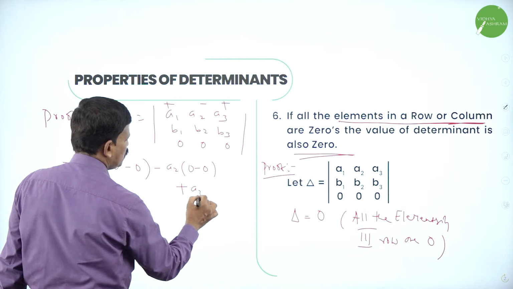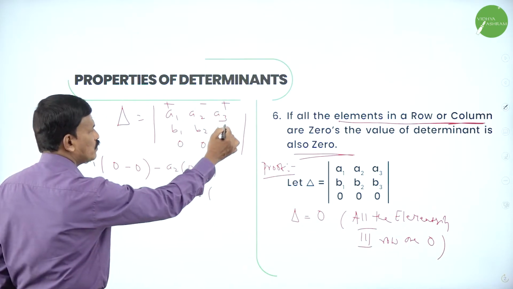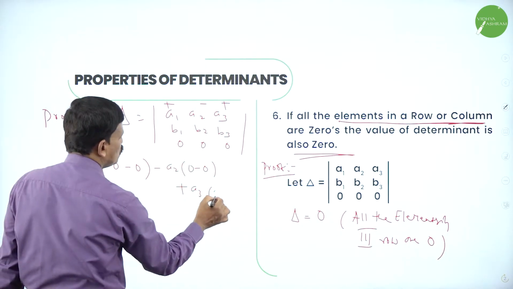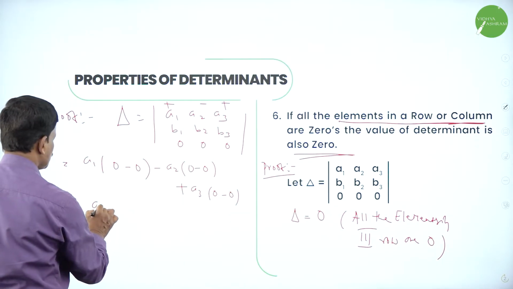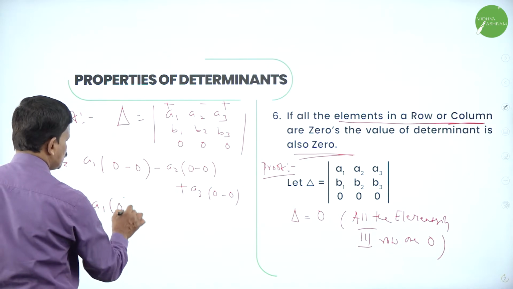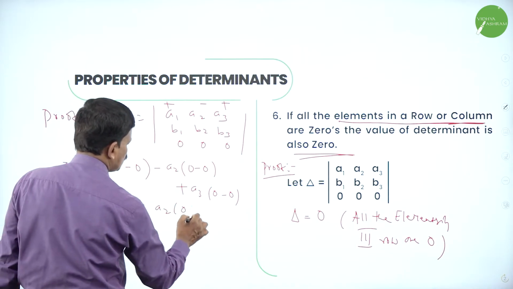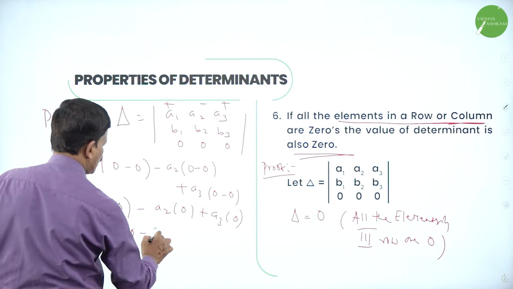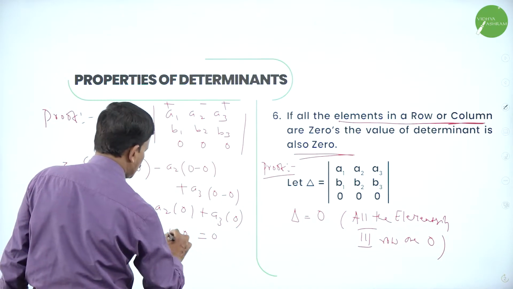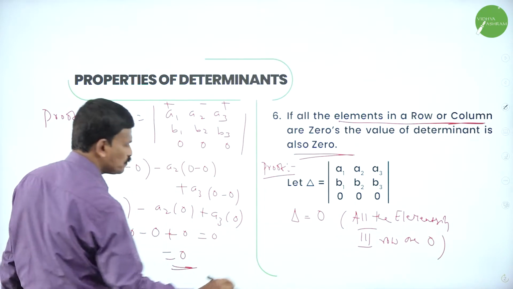Again, plus A3 into 0 into B1 is 0, minus 0 into B2 is 0. So this is equal to A1 into 0, minus A2 into 0, plus A3 into 0. So 0 minus 0 plus 0, this is totally equal to 0.